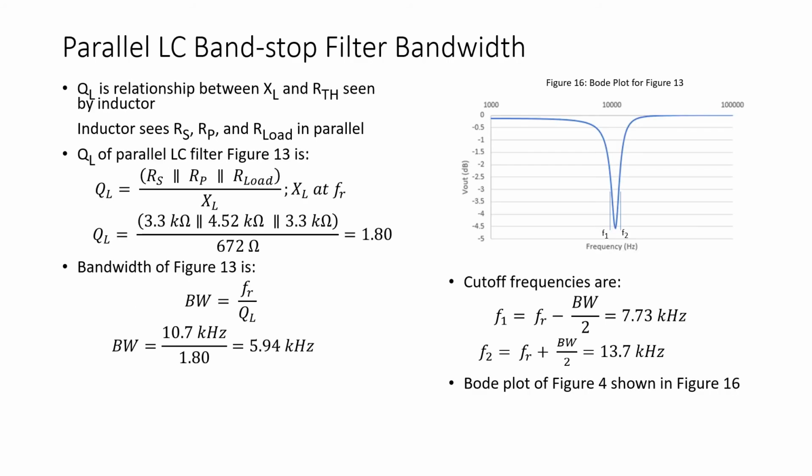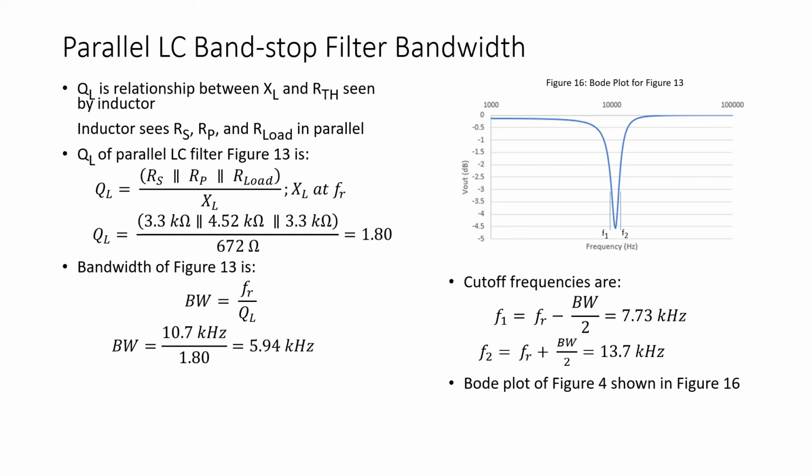Now, to calculate the bandwidth of the circuit, again we have to find the loaded Q factor of the filter circuit, and this is again done by finding the resistance as seen by the inductor. Now the inductor sees R source in parallel with R parallel, RP in parallel with R load.